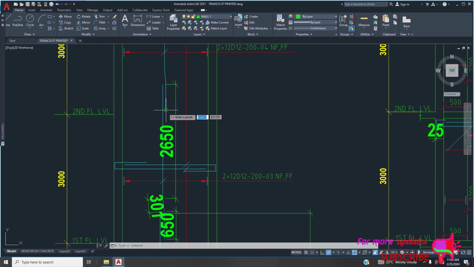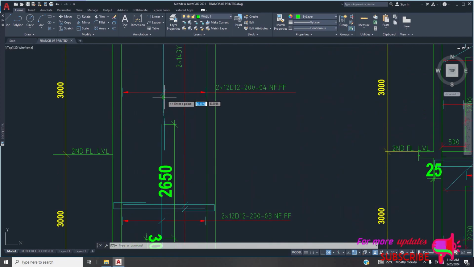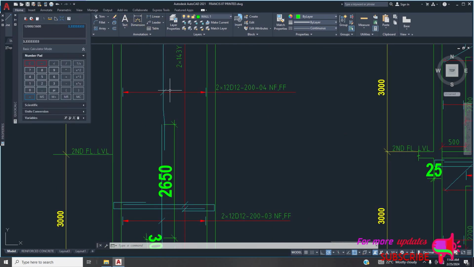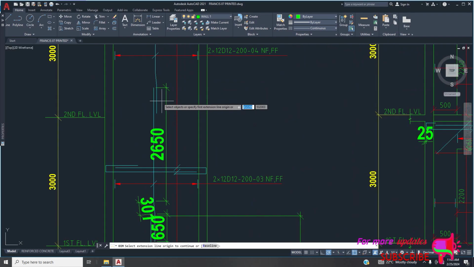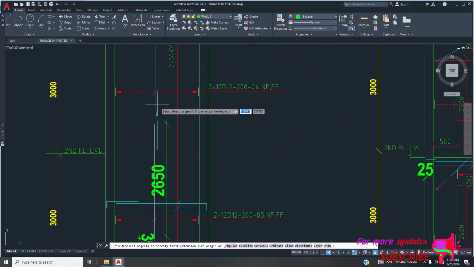From there he continues the same length, I think the same length, that 600. If I activate my dimension, the length is 2650, and then here is still 650, the lap length, and this one is still 300, right?